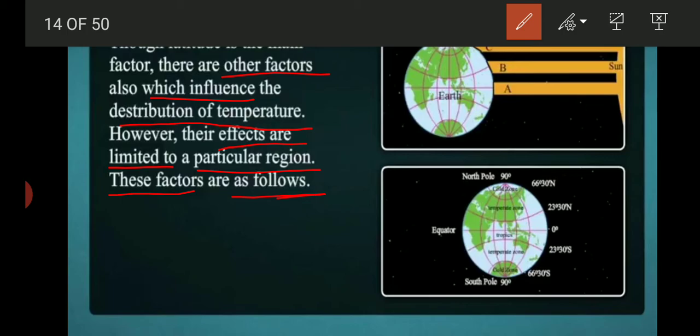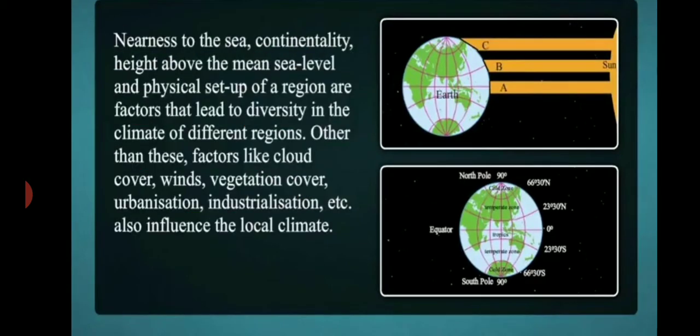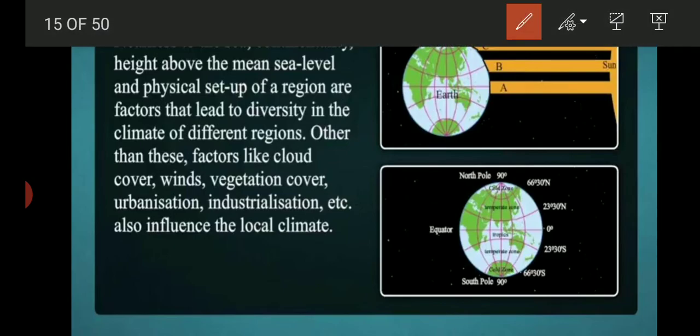Nearness to the sea, continentality, height above the mean sea level, and physical setup of a region are factors that lead to diversity in the climate of different regions.